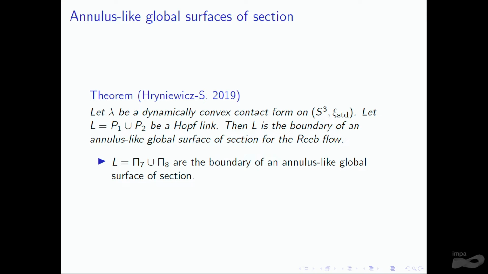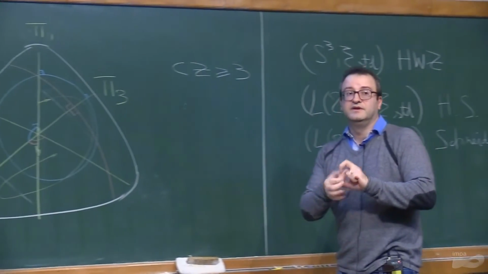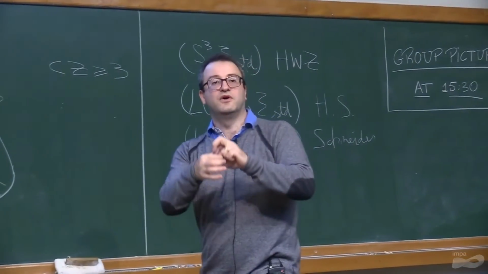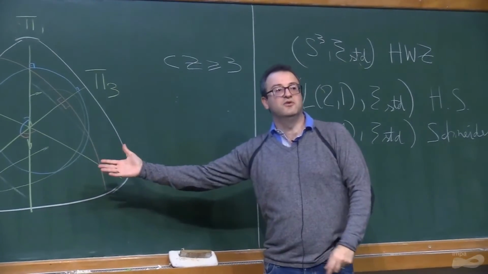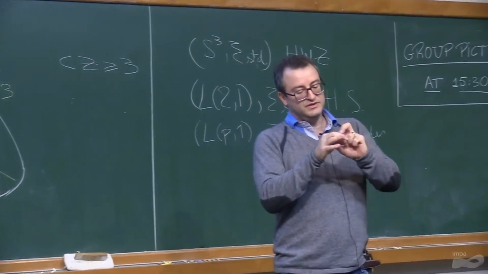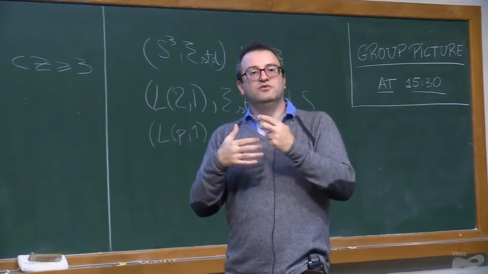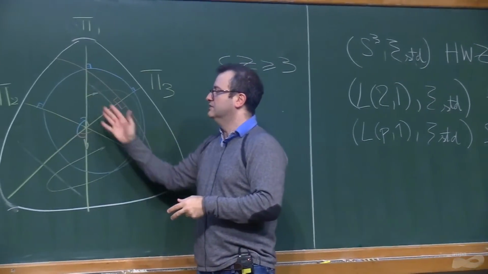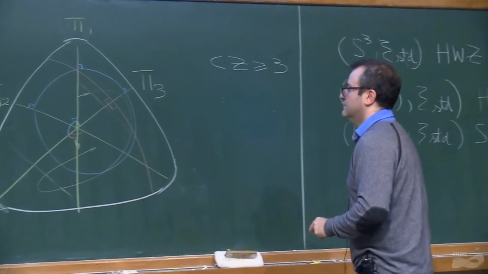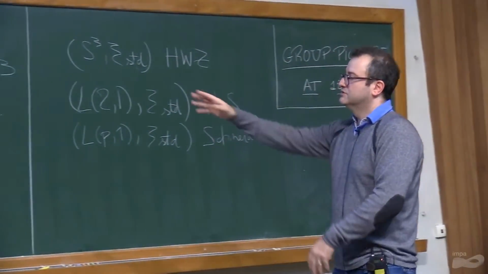So in this case, for instance, you can take any pair of these orbits here and they will form a Hopf link on the 3-sphere. Since it's dynamically convex, each pair will bind an annulus-like global surface of section, which is not so clear how we could see, these new open books associated to these orbits.